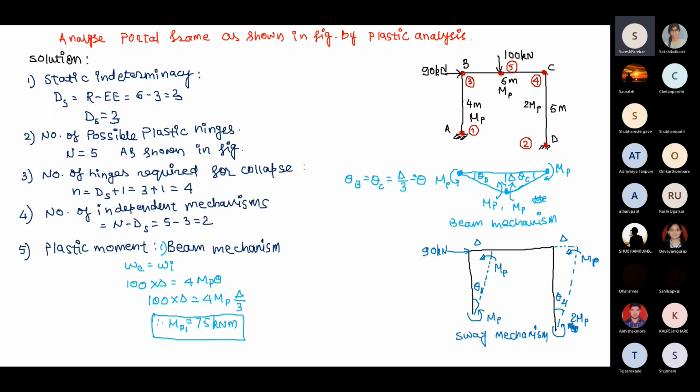It should be the same because our basic assumption is that axial deformation is neglected. Now here θ1 is delta by 4 and θ2 is delta by 5.